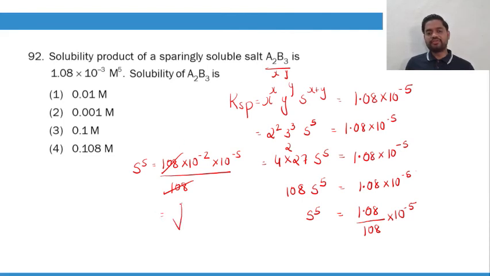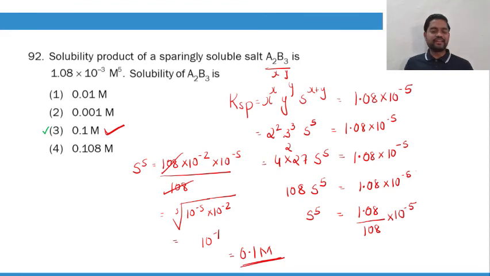That is 10 raised to minus 5 into 10 raised to minus 2, so 10 raised to minus 7, and the fifth root will come around 10 raised to minus 1, which is approximately 0.1 molar. Yes, we have 0.1 molar. That is 92, option number 3 is the right answer. Okay, clear?